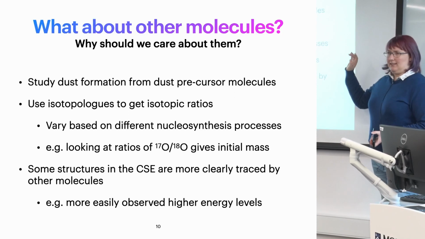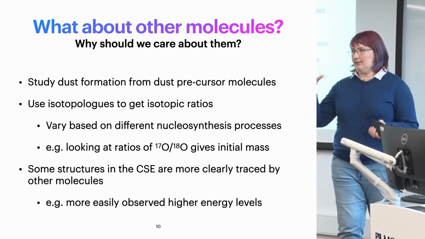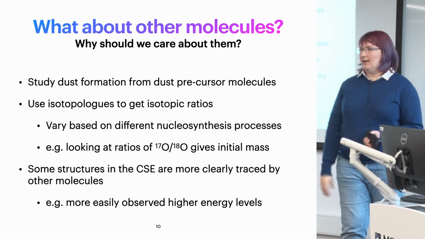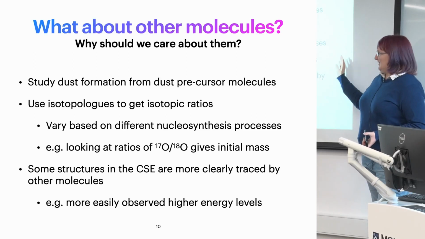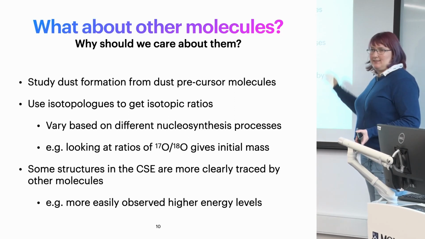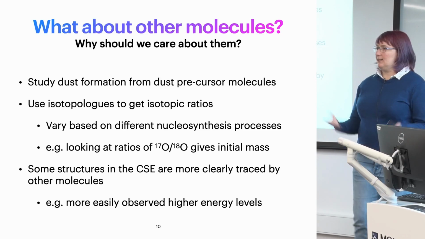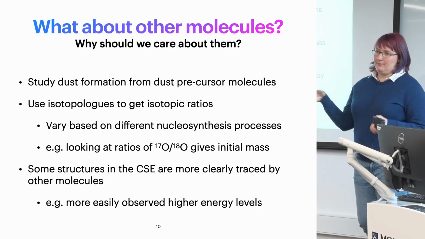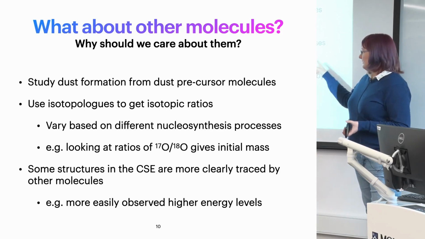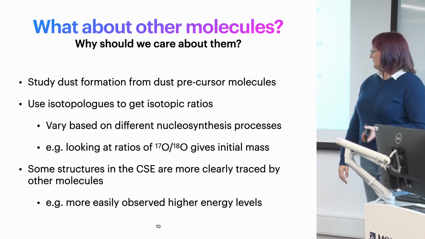We can also study isotopologues, so that's molecules where one of the atoms, or more than one, perhaps, is swapped with an isotope of itself. By studying the isotopic ratios, we can find out about the different nucleosynthesis processes. For example, the oxygen isotopic ratios give us an indication of the initial mass of low mass stars, up to about 4 solar masses, before it gets a bit complicated because of other nucleosynthesis processes.